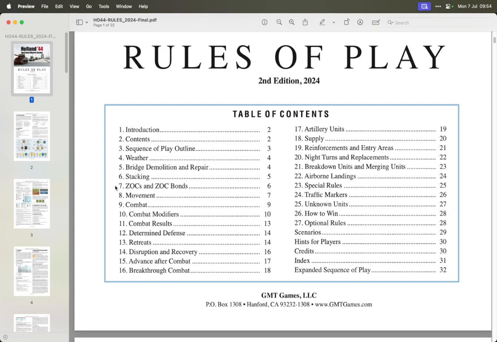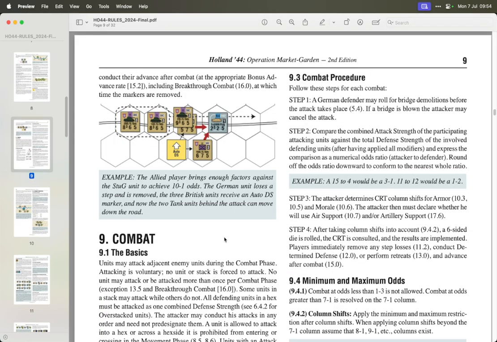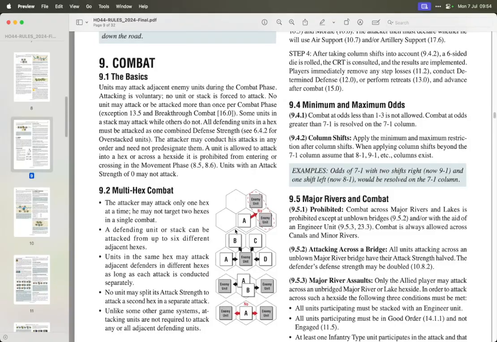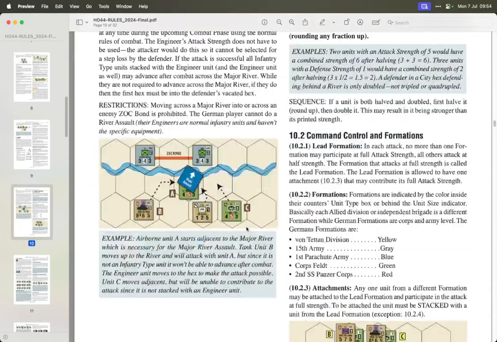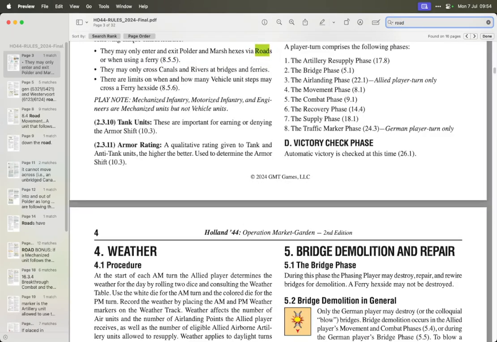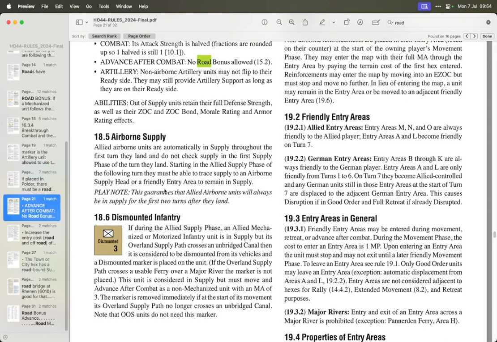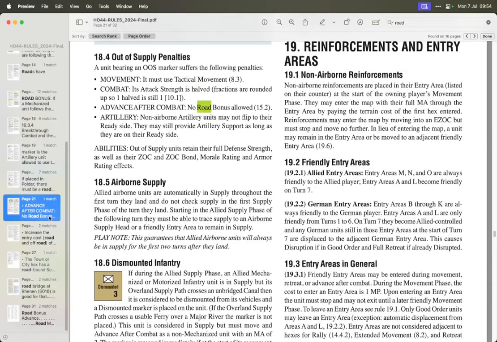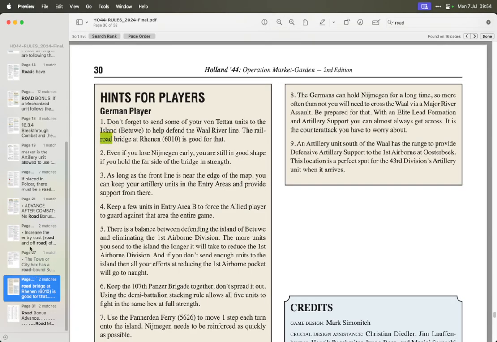Combat 9. And I might be imagining, not finding it.